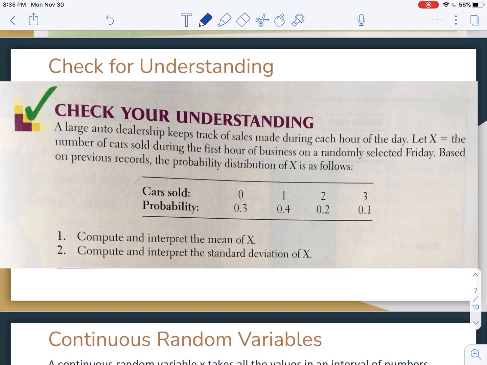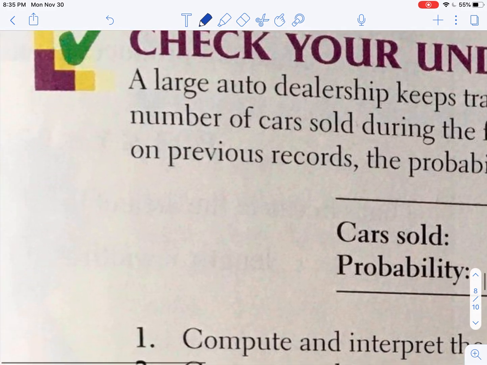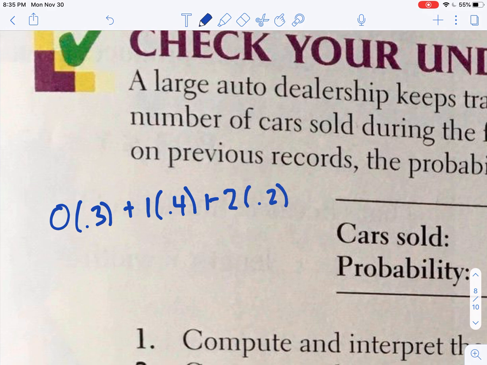First of all, we want to make sure that this is a real probability distribution. 0.4 plus 0.3 plus 0.2 plus 0.1 adds up to 1. So this is a valid probability chart. It adds up to 1, and every single probability is between 0 and 1, so we're good there. So compute and interpret the mean here. So we've got 0 times 0.3 plus 1 times 0.4 plus 2 times 0.2 plus 3 times 0.1.